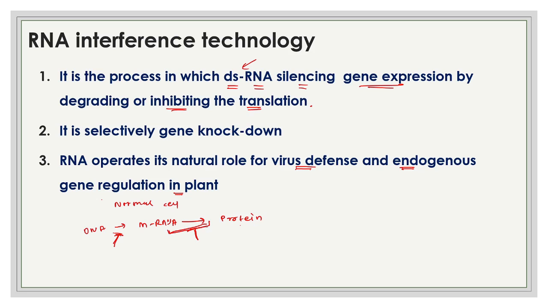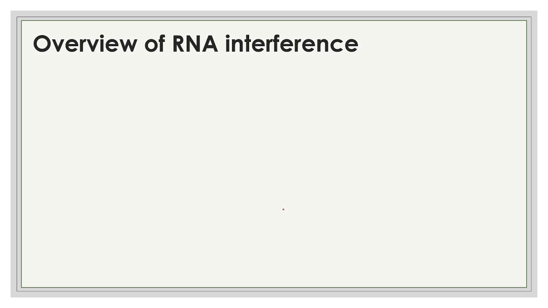So we have to inhibit the mRNA by using RNA interference technology. In RNA interference technology, there are a number of factors like dicer, drosha, and some other factors used to break down or block the expression of that particular mRNA. Clear?